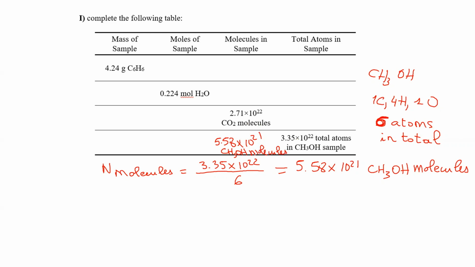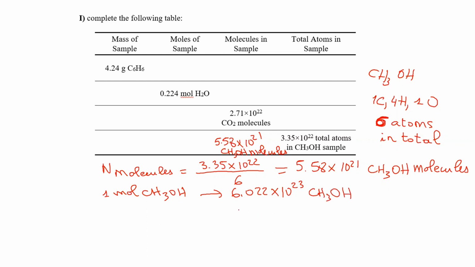Now we have the number of molecules. We can go back to the number of moles. We know that 1 mole of methanol corresponds to 6.022 times 10 to the power 23 methanol molecules.